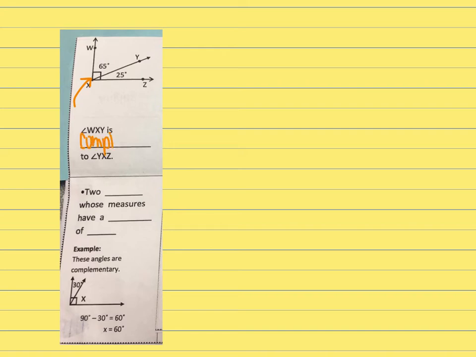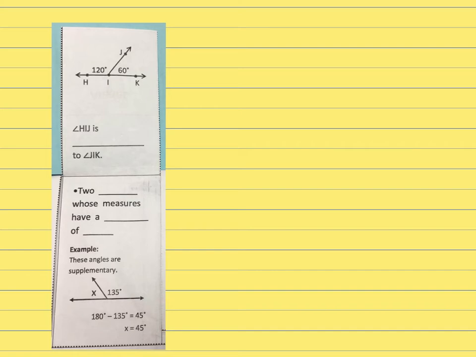So complementary. Together they form 90 degrees. Then on the bottom, the blanks, it says two angles whose measures have a sum of 90 degrees is the example. And then below, there's an example of how to do that one.